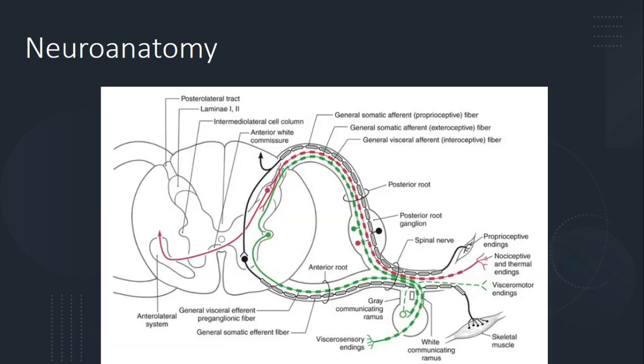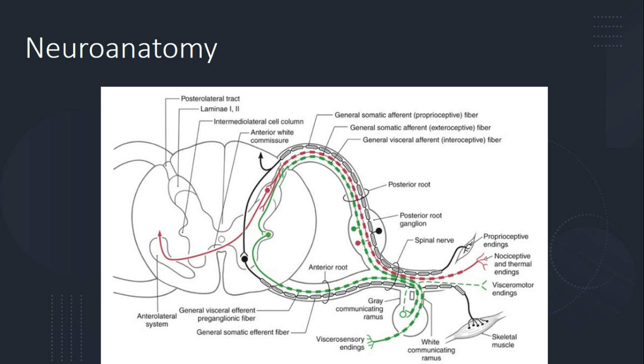In terms of neuroanatomy, this is what I have just explained. Proprioceptive endings mainly come from the muscle spindles, go into the dorsal column, and usually ascend on the same side of the spinal cord.